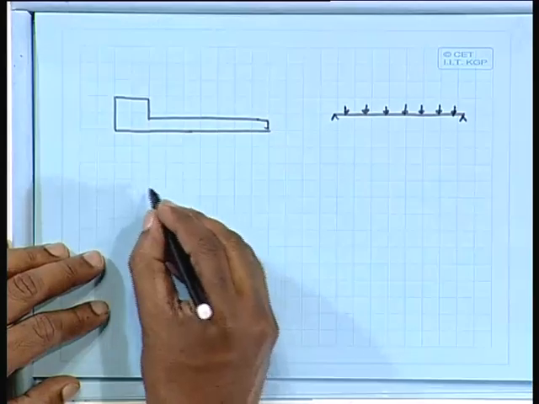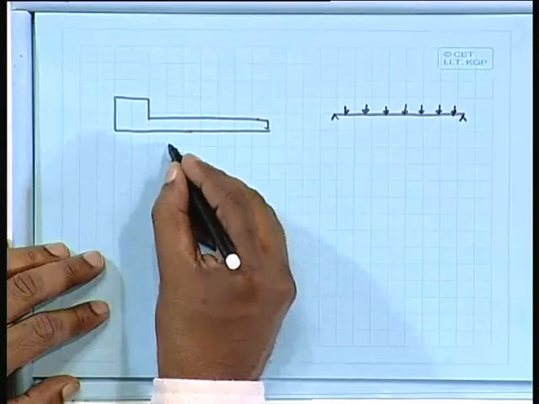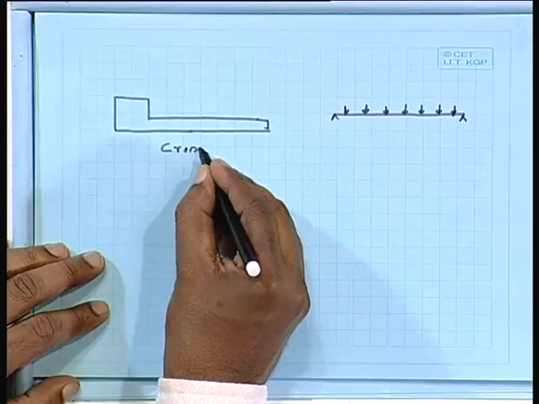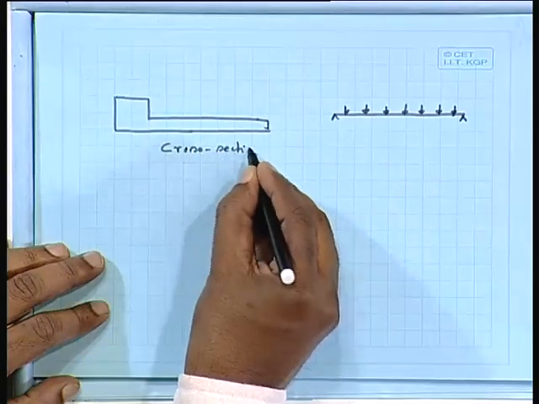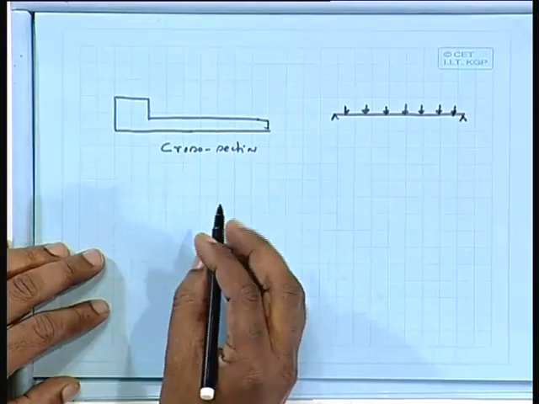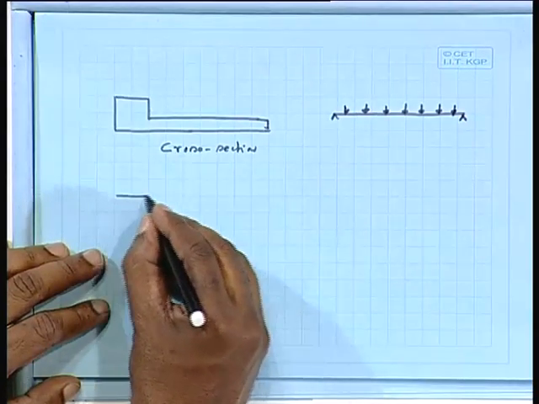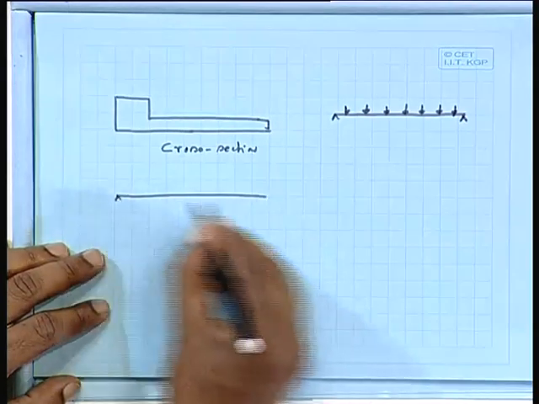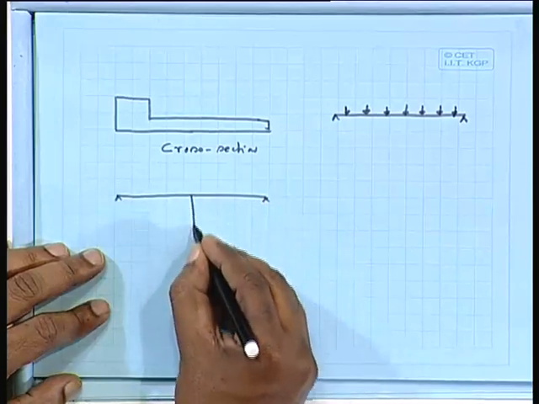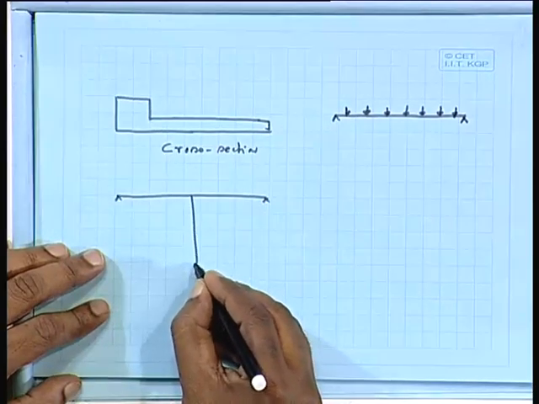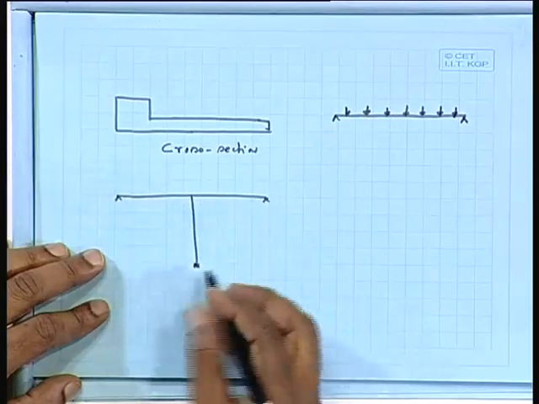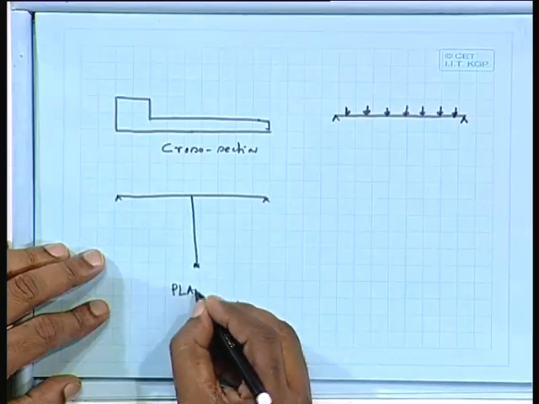Similarly, it is possible if we draw it in plan. This is a cross section. If we now draw say a beam plan, we are drawing the plan here. So, this is plan, please note it is not the elevation.